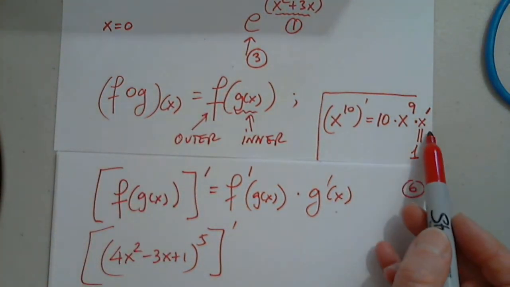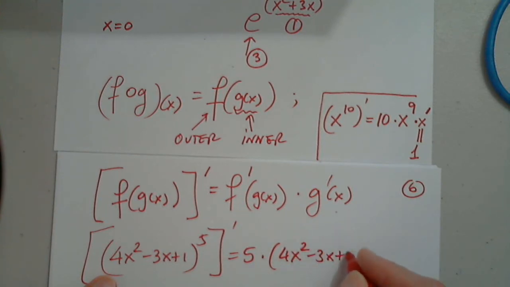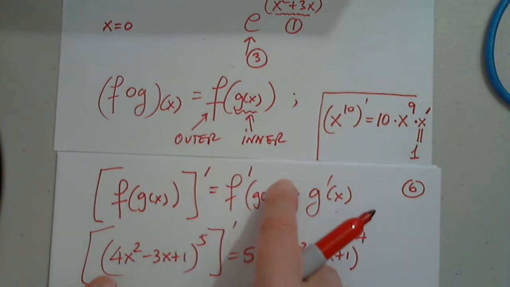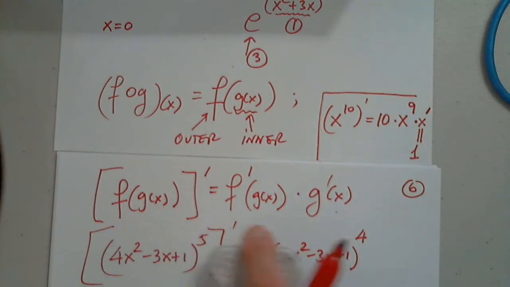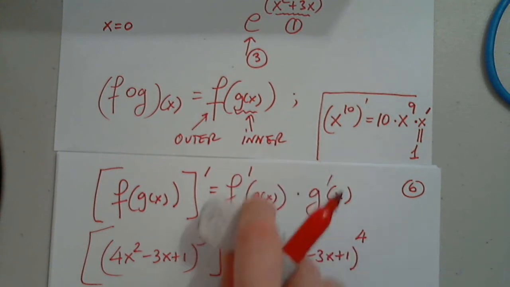So according to this rule, same thing, bring 5 in front. Copy 4x squared minus 3x plus 1 to the 4th power. So I differentiated something to power 5: 5 times this to 5 minus 4. So this is exactly this piece.